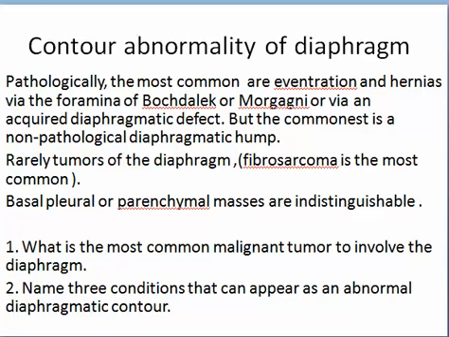Name the 3 conditions that can appear as an abnormal diaphragmatic contour: hump, which is normal and non-pathological; eventration, but this is usually a smooth one; Bochdalek and Morgagni. These are the 3 conditions that can occur besides the famous diaphragmatic defect.